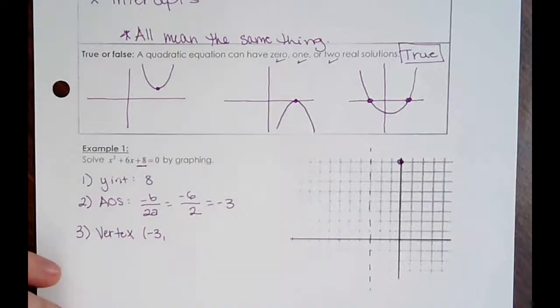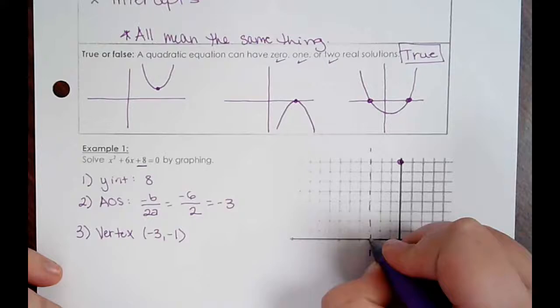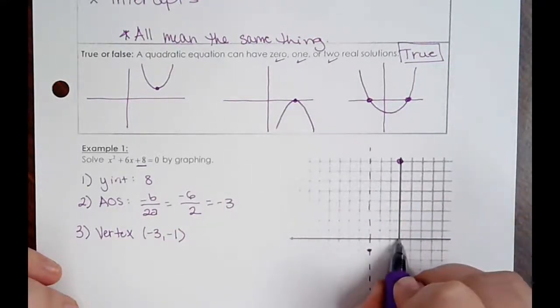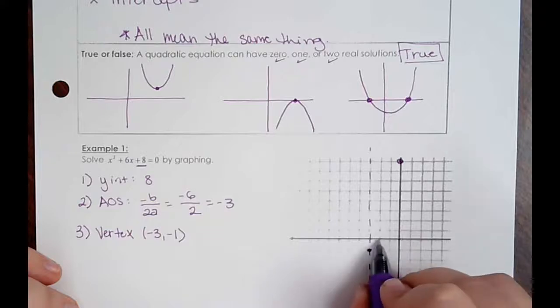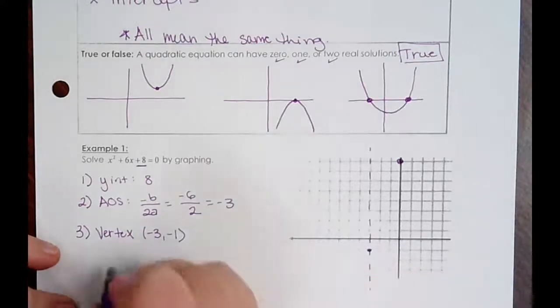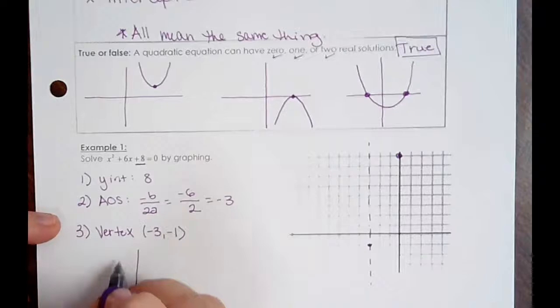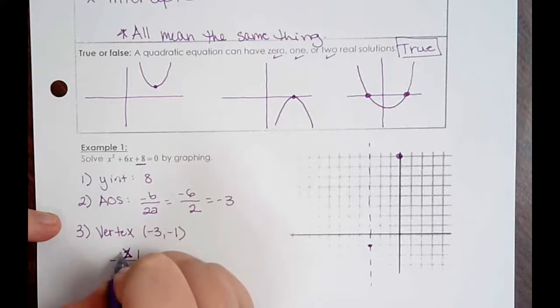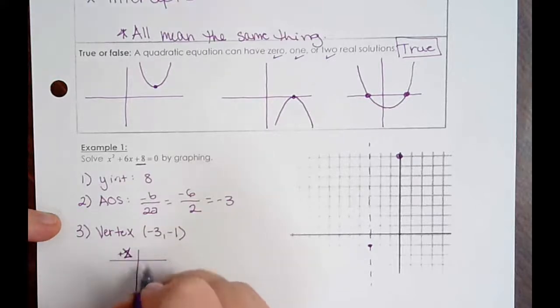Just because I want to know what happens going on here, I'm going to make a table just to see. Oh, sorry, this is supposed to be an x. Just ignore whatever I did there. When I put in 2 for x, that's when we find out what my y is going to be.